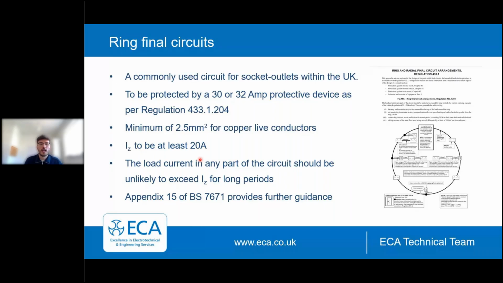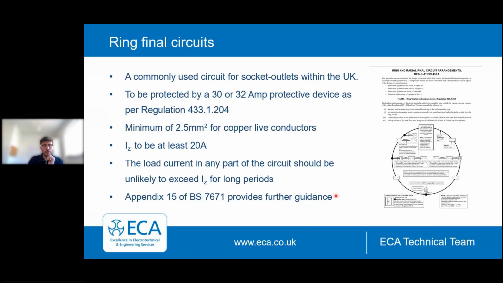But what that doesn't allow for is that the load on the circuit may not always be evenly shared. Of course, when we design a ring final circuit, we need to consider and do everything we can to try and allow for reasonable sharing of the load. But the IZ being at least 20 amps does take in a little bit of consideration of that.